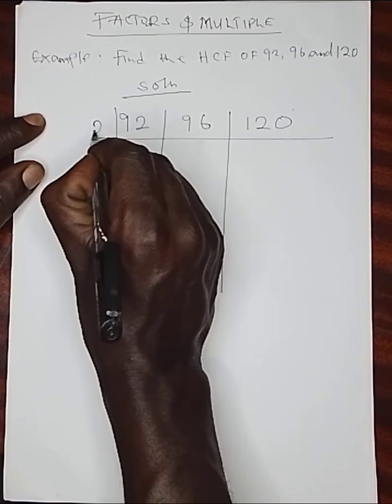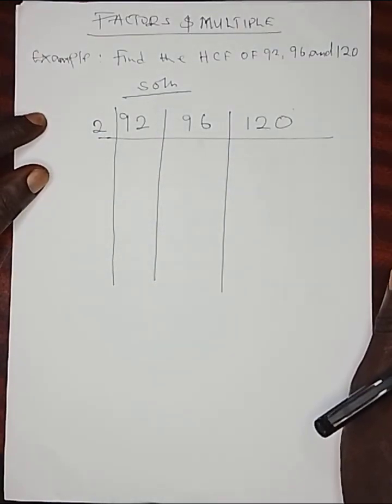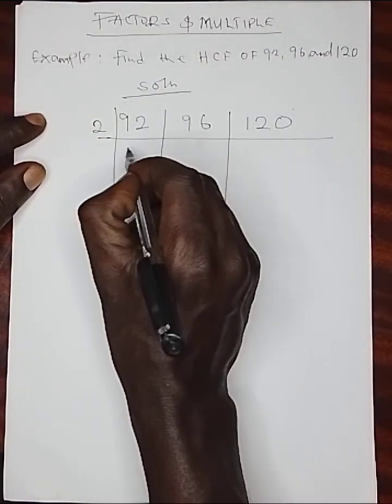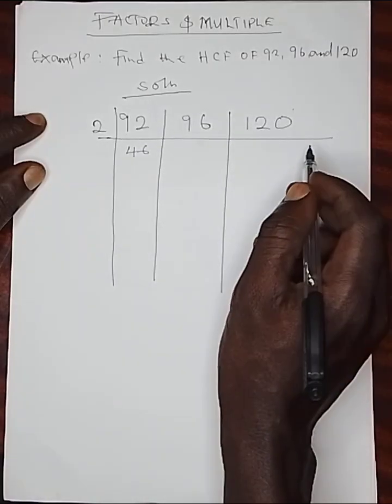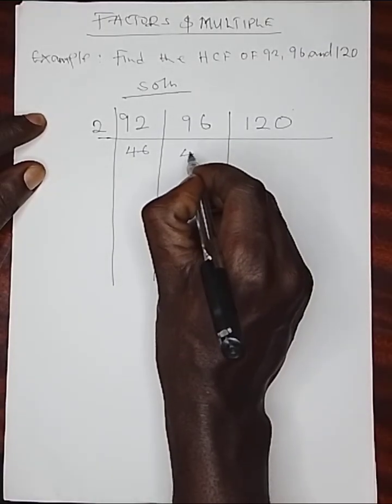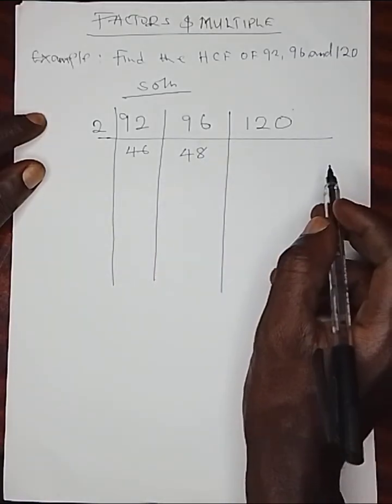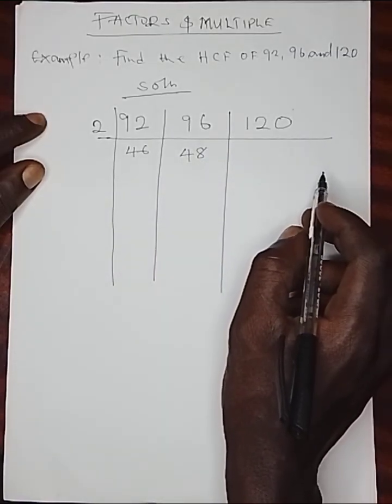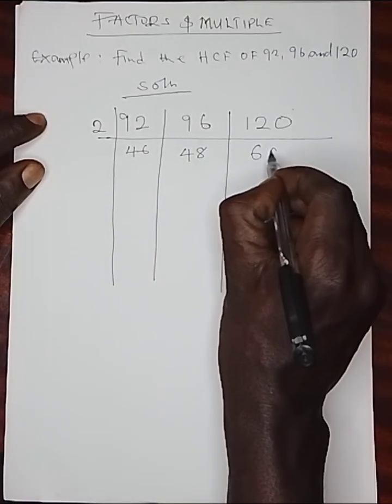So now here, we shall divide by 2. When you divide 92 by 2, you get 46. Then 96 divided by 2, you get 48. Then 120 divided by 2, you get 60.